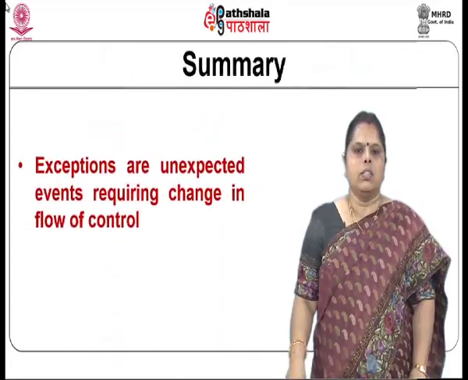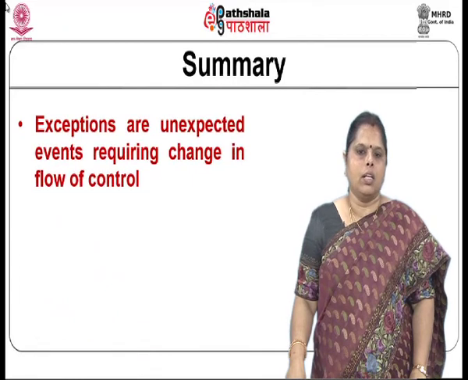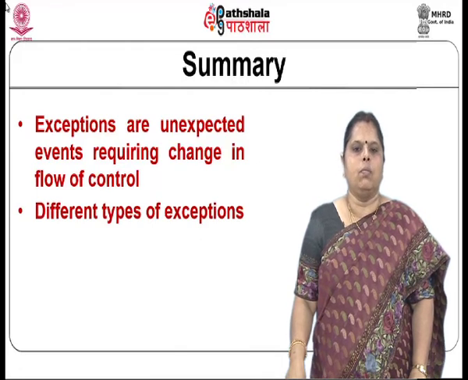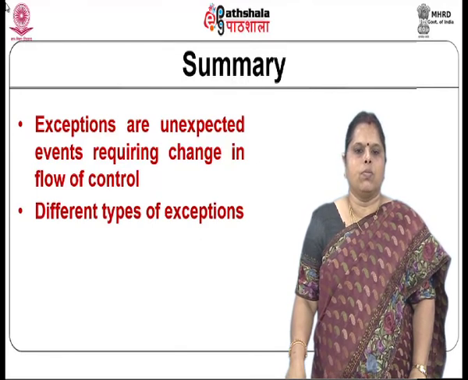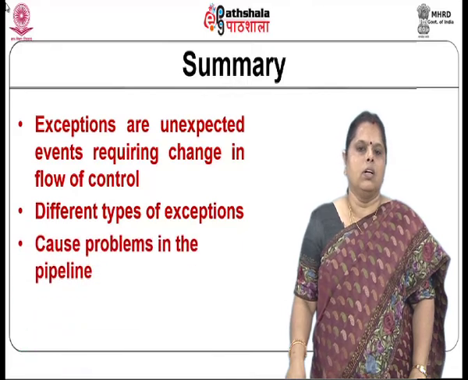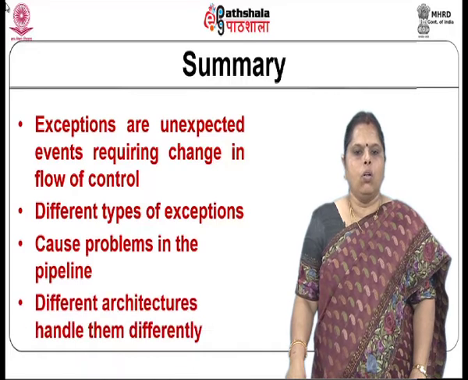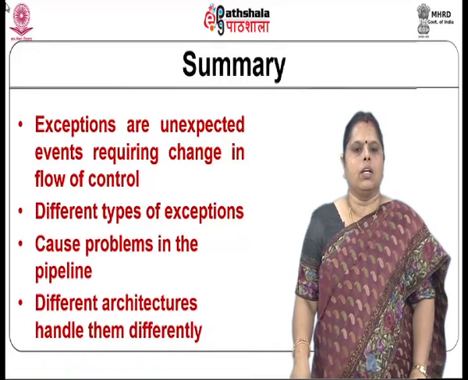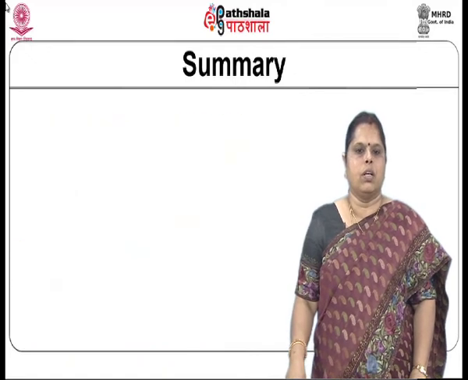To summarize, exceptions are unexpected events requiring change in flow of control. There are different types of exceptions available. We've looked at the different types of exceptions and discussed the different characteristics of these exceptions. All these exceptions will cause problems in the pipeline, and different architectures handle these exceptions differently.